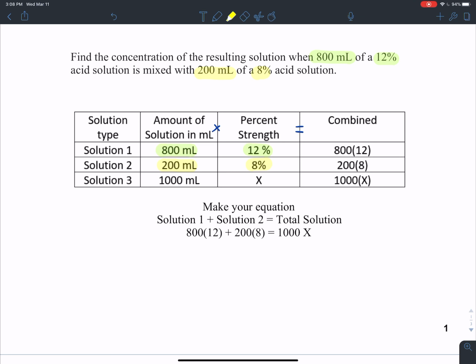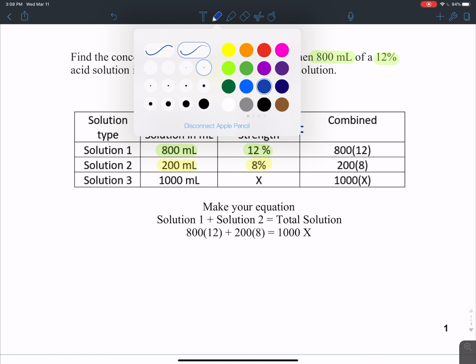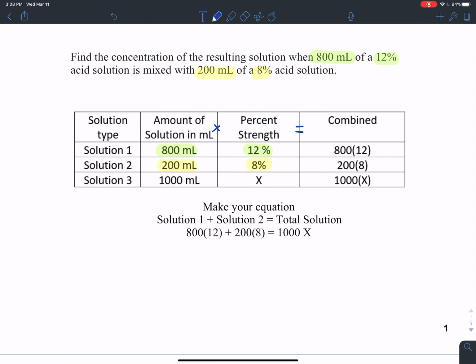Then they're asking us to find the concentration of the resulting solution. So if we look at that resulting solution, it's from mixing these two solutions together. So this 1,000 milliliters is coming from doing our 800 milliliters plus the 200 milliliters.